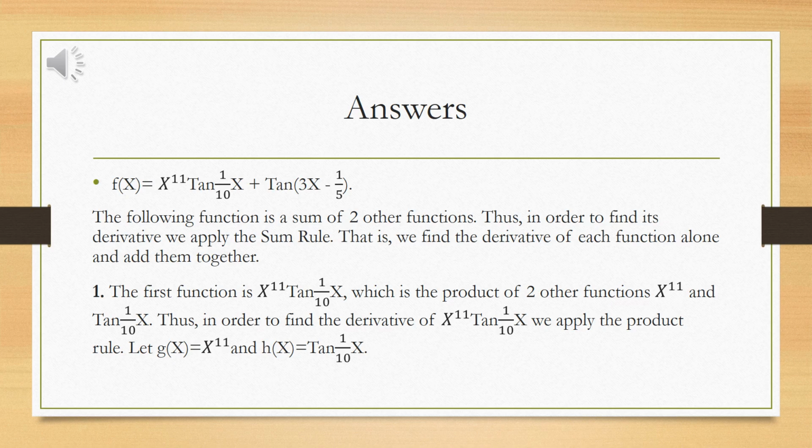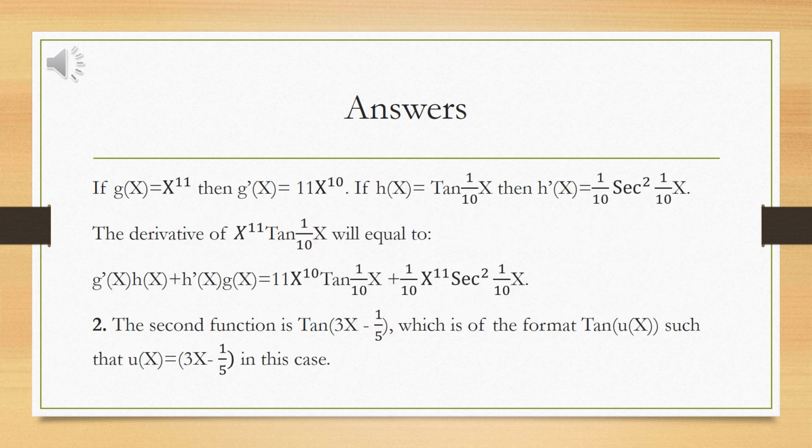Let g(x) be x^11 and h(x) be tan(1/10 x). If g(x) equals x^11, then g'(x) equals 11x^10. If h(x) is tan(1/10 x), then h'(x) is 1/10 sec^2(1/10 x).